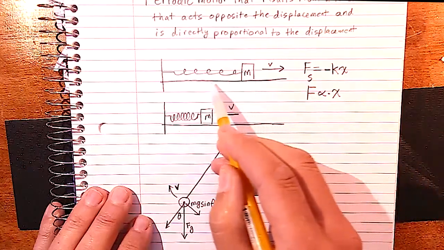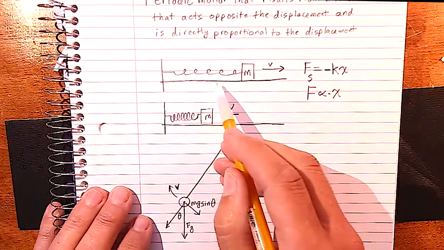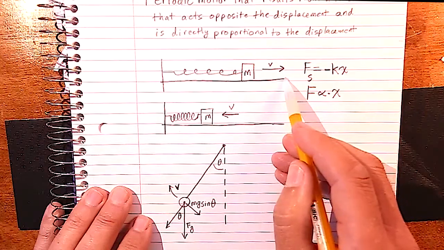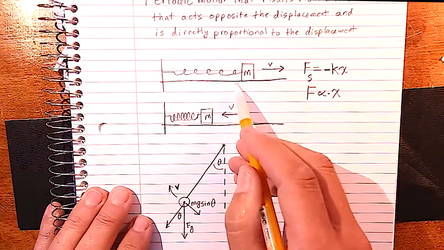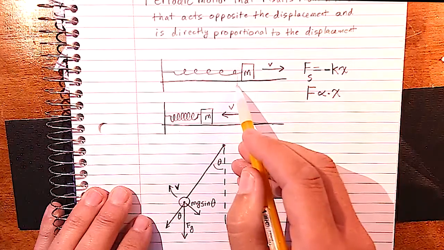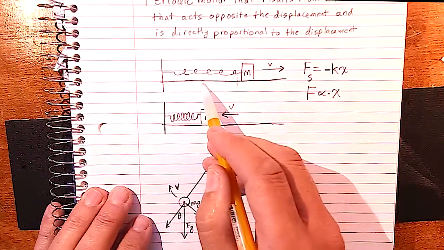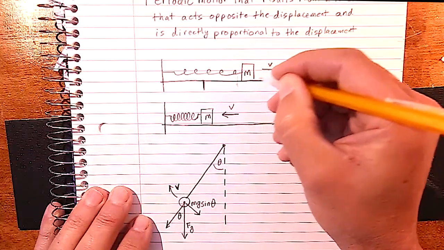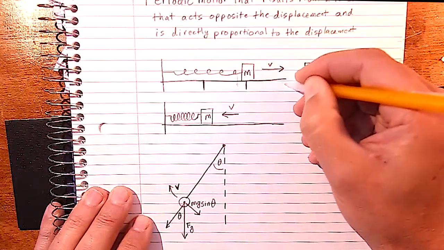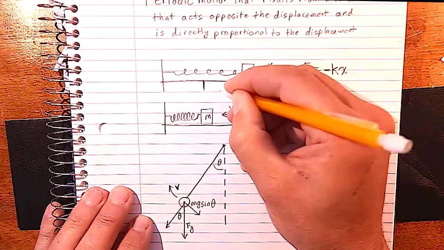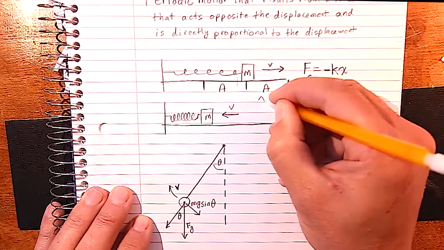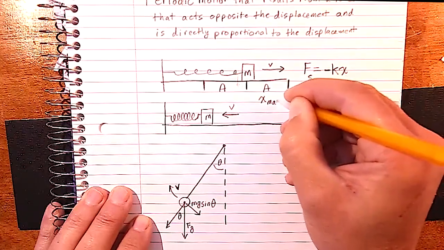So this motion of it bobbing back and forth, it slows down on the way out here, it stops, it turns around, it speeds up to its maximum at the equilibrium position, then it slows down to this other value over here. And this equilibrium, let's say this is equilibrium here, then this position would be our amplitude A, or we sometimes call that our x max.